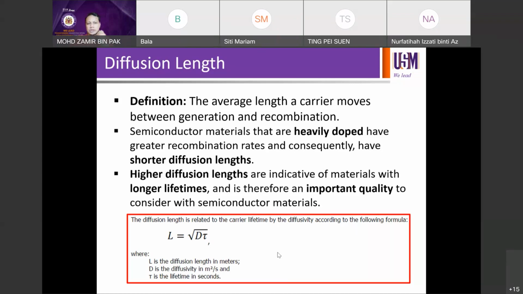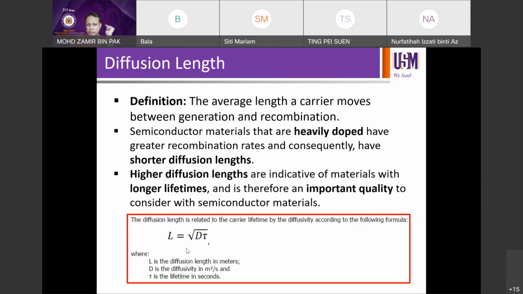And how the diffusion length is related to the lifetime is given by this equation below, L equals square root of D tau. L is the diffusion length, the distance traveled by the carrier from the point of generation till the point of recombination, and that's given by the square root of D, the diffusivity of the carrier in the material, times the lifetime.